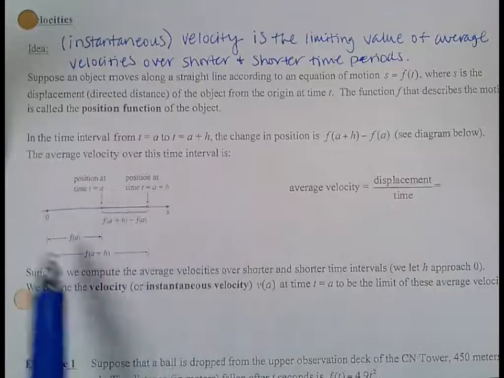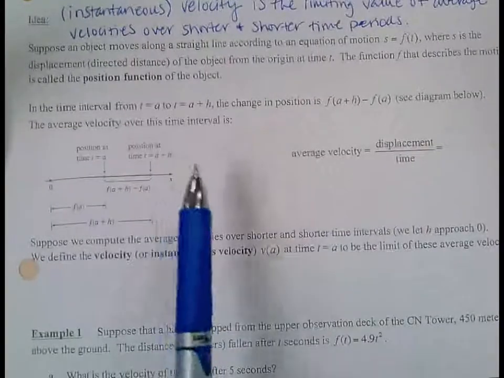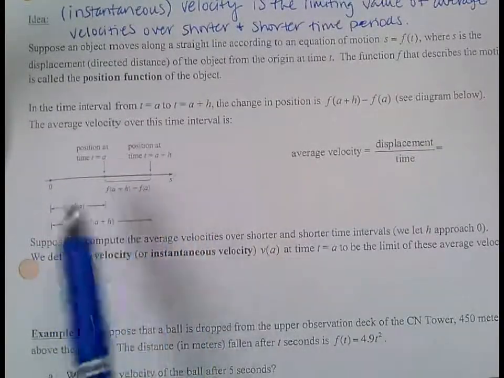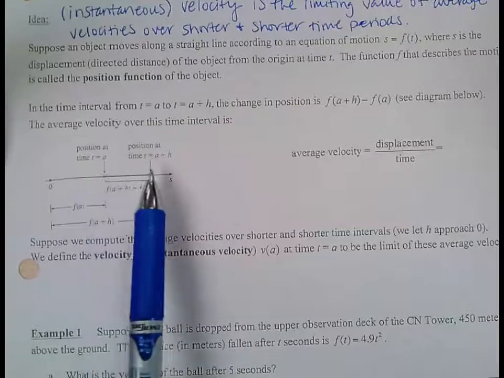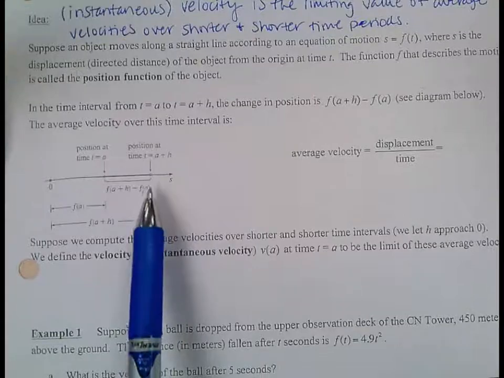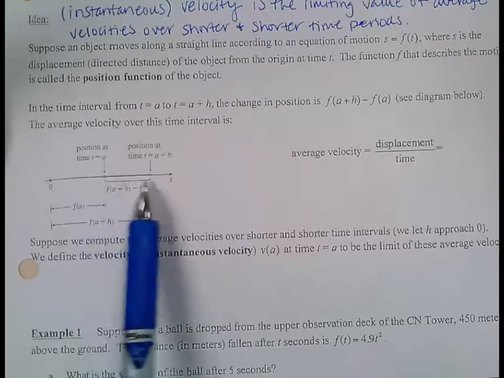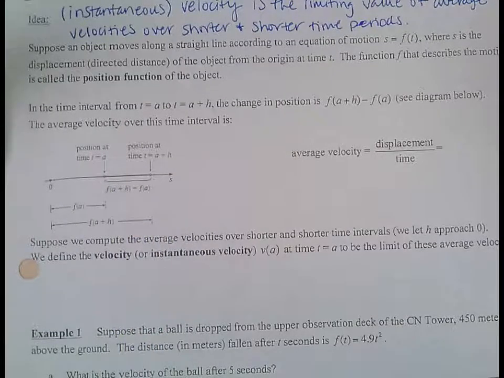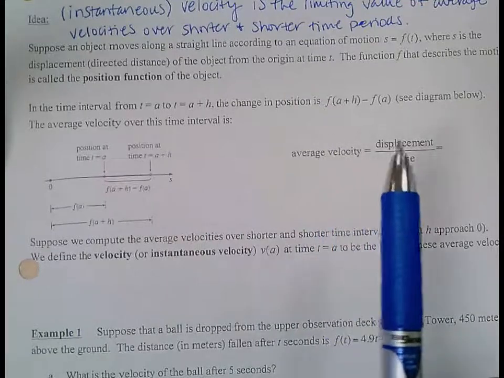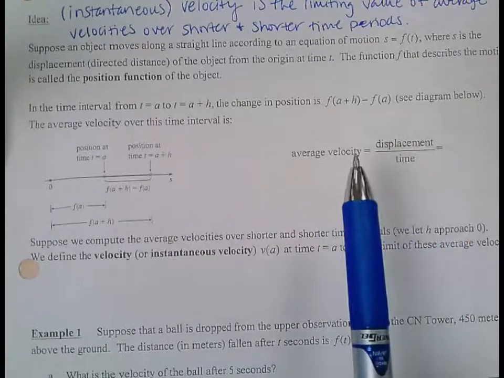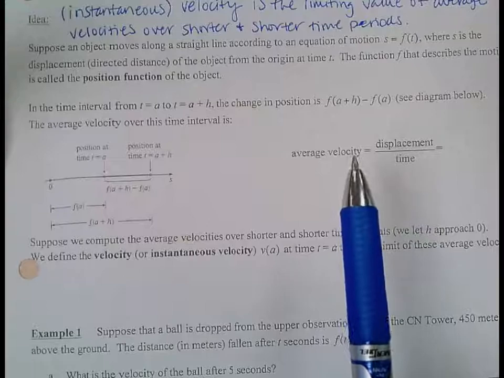That's shown here. Here is where t is equal to a, and here is where t is a plus h. So that displacement, that change in position, is subtracting those two function values. The average velocity over this time interval would be calculated by taking the displacement, the change in position, over the change in time.